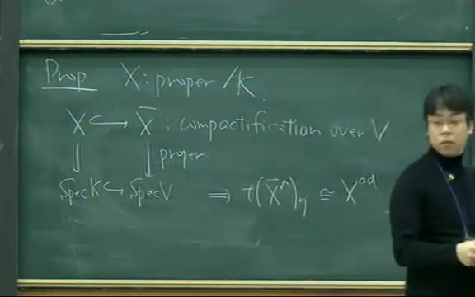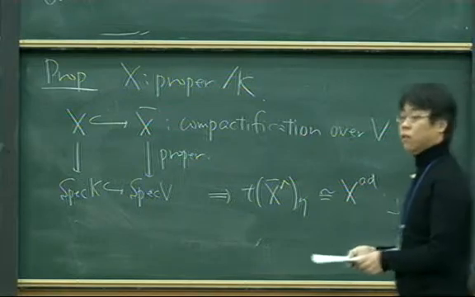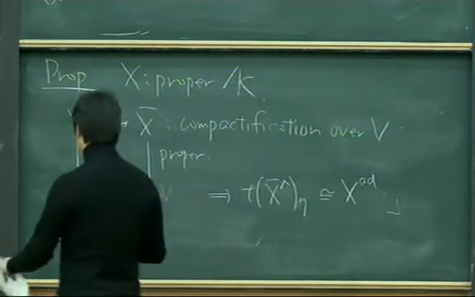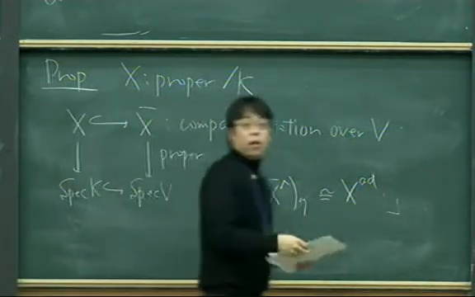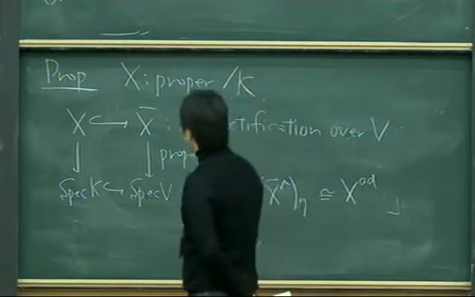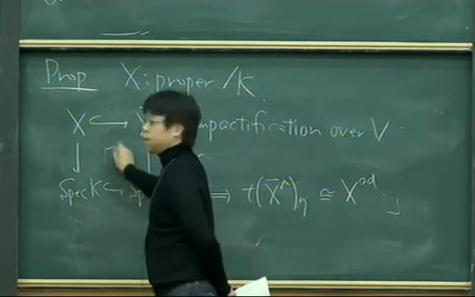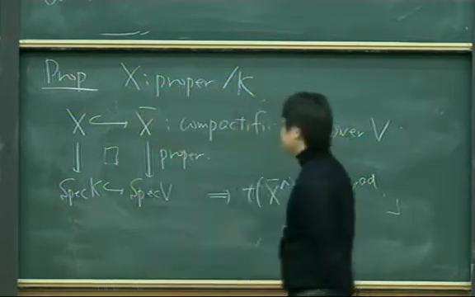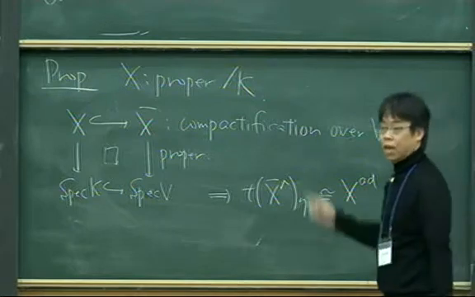You don't need X bar to be flat over V? No, just any. Compactification just means such a proper scheme. Oh, and this is Cartesian. I need it.